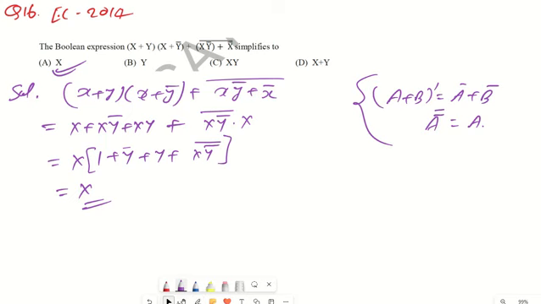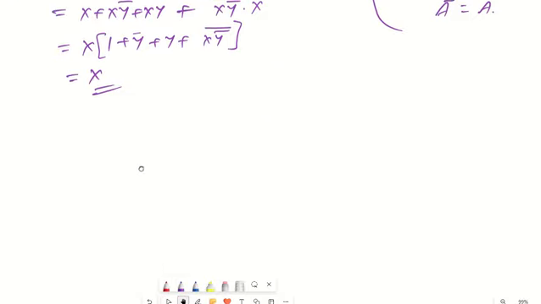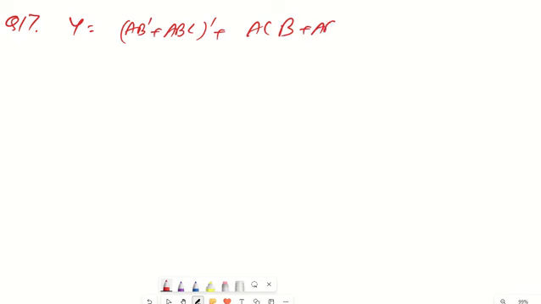Let us see the next question. The question is y is equal to (ab' + abc)' + (a(b + ab'))'.